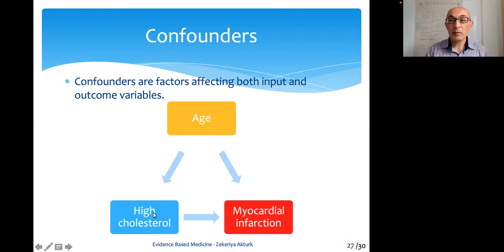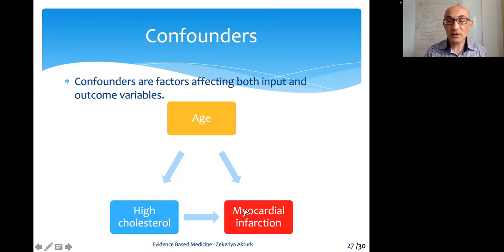If my participants with high cholesterol are older compared to those who have low cholesterol, the low cholesterol participants are younger, I cannot claim with certainty that high cholesterol is the reason of myocardial infarction, because age is a factor which affects both.